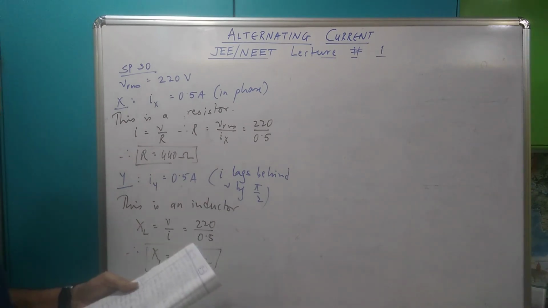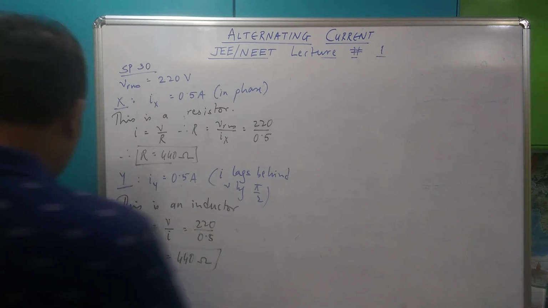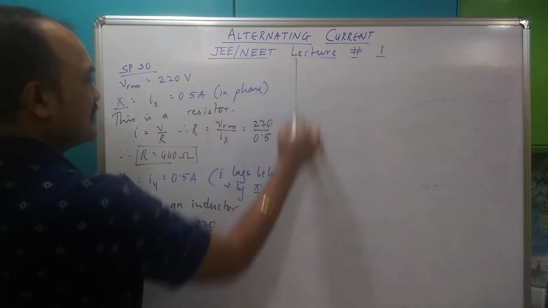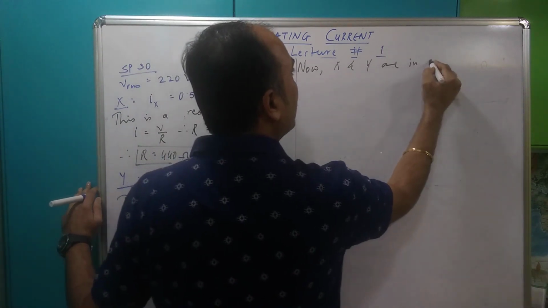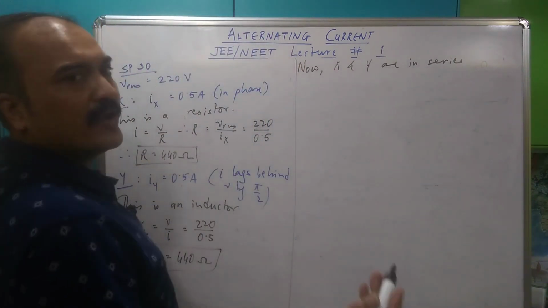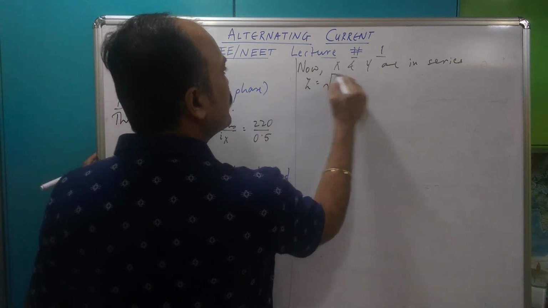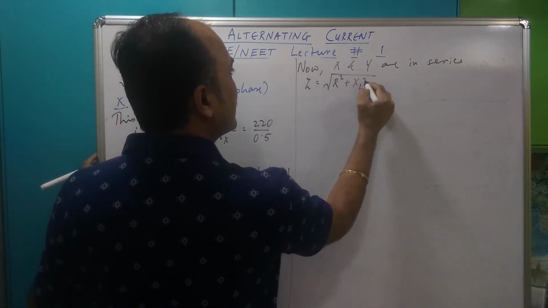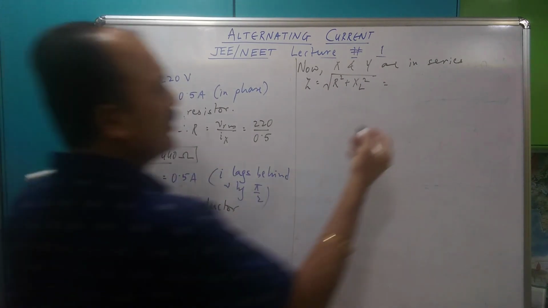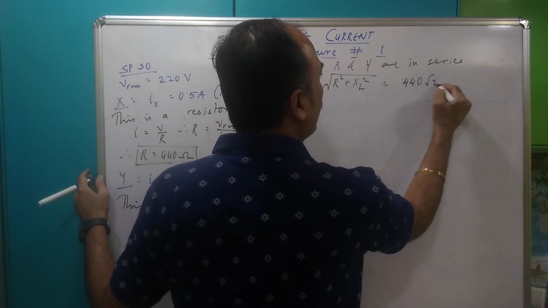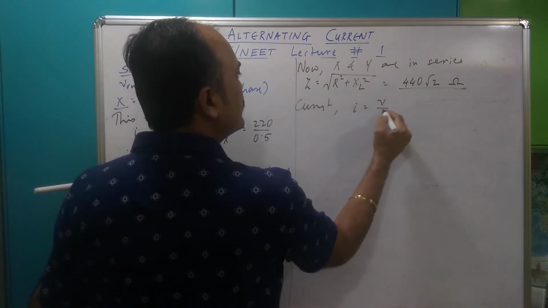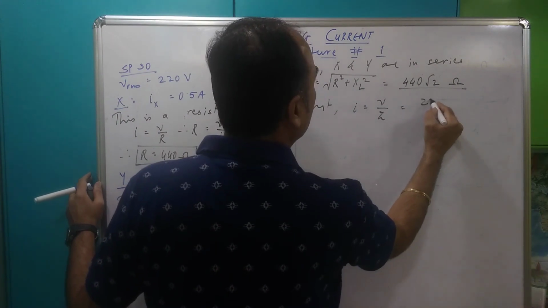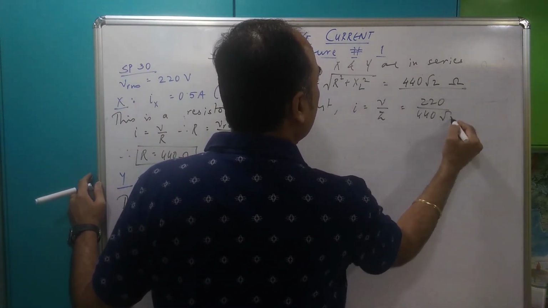And now what do they want us to do? Calculate the current flowing in the circuit when the same voltage is applied across the series combination of X and Y. Okay, so case 3. Now X and Y are in series. So what is going to be your impedance? Z is root of R square plus XL square. Let's not take it too long. 440 का square and 440 का square is 440 root 2 ohm. So current I is V by Z, that is 220 by 440 root 2.